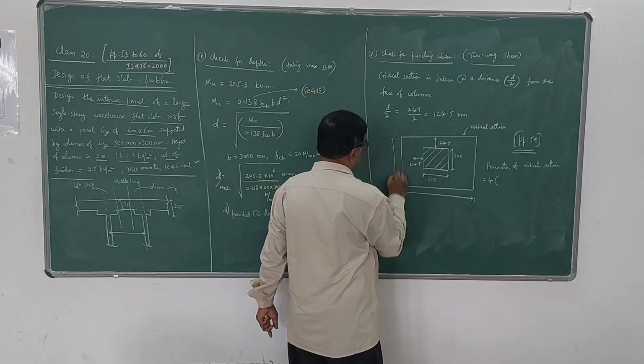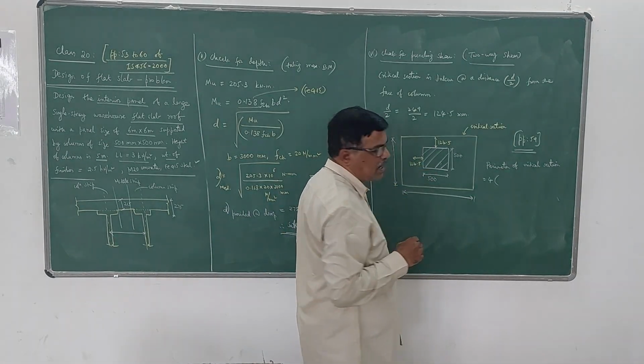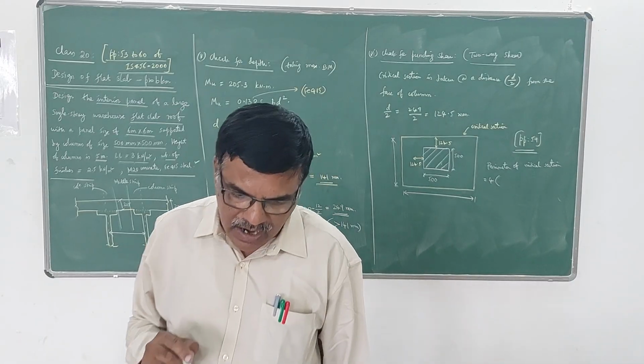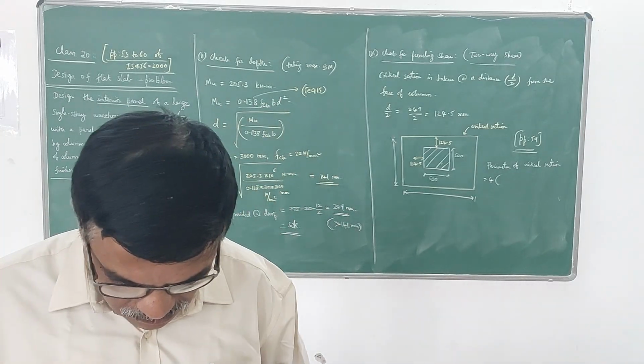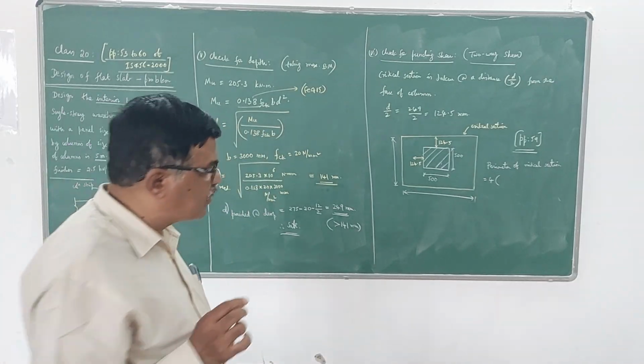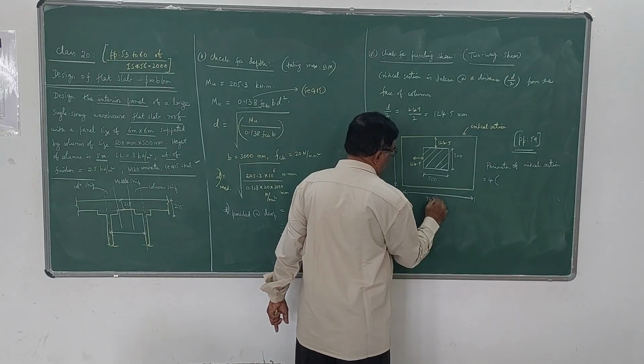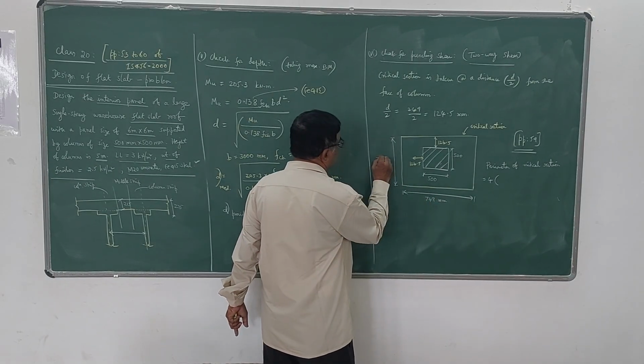How much is the total of this? 500 plus 249, correct? 749 this side, 749 this side.